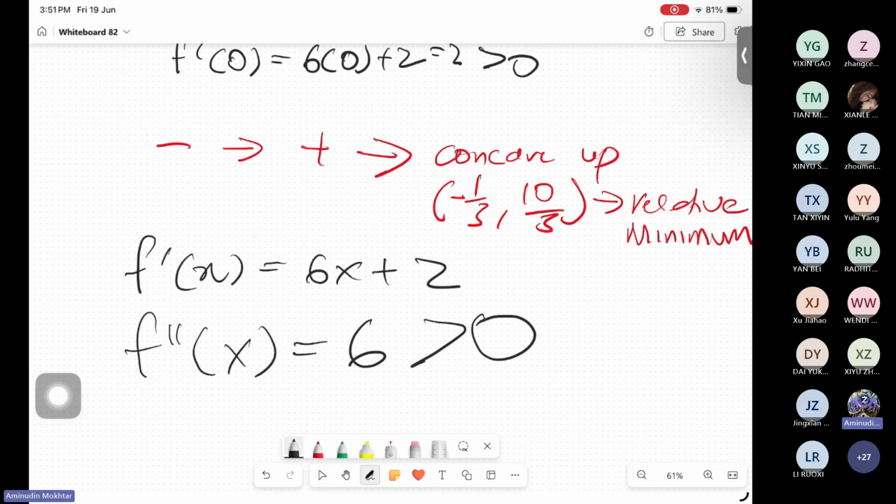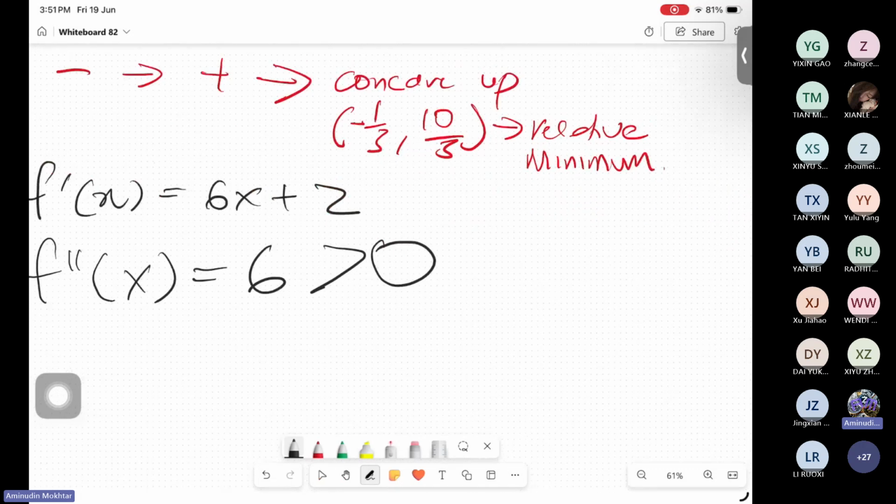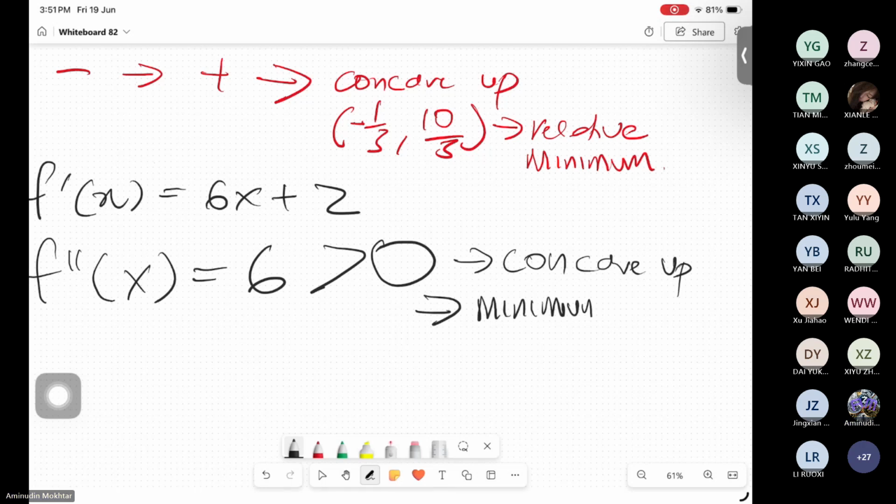So we can conclude here, if we refer to the previous example, when the second derivative is positive, the graph is concave up. So the critical point is a minimum point, a relative minimum point.